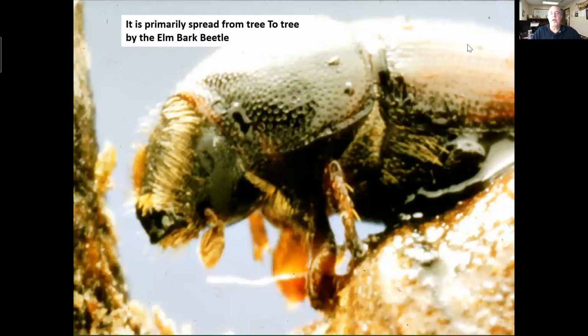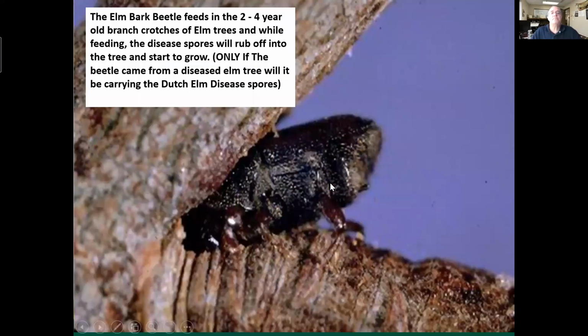The primary way that this disease is spread is through a beetle that will feed on a living elm tree after breeding in a dying elm. If the elm tree that the beetle emerged from had Dutch elm disease, the spores of the disease are all over its body, and this beetle's life cycle revolves around elm trees.